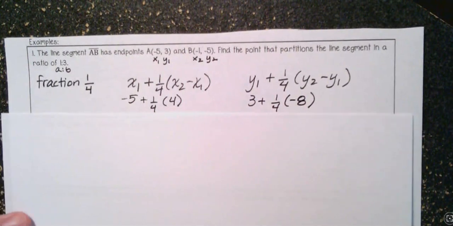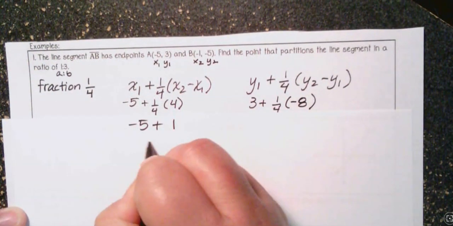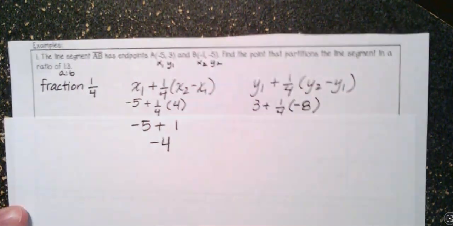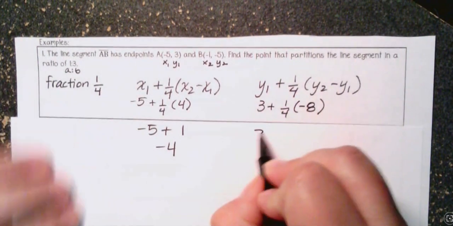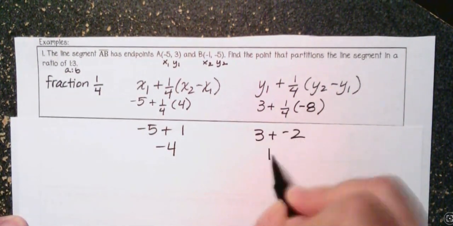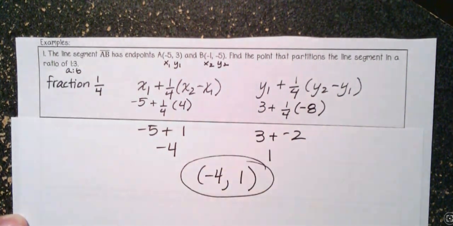I'm going to add some space. There we go. -5 plus 1 is -4. And 1/4 of -8 is -2. So we have 3 plus -2, which is 1. So our point that partitions the segment into a 1 to 3 ratio is the point -4, 1.